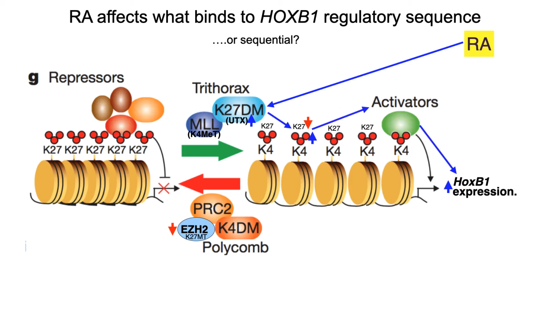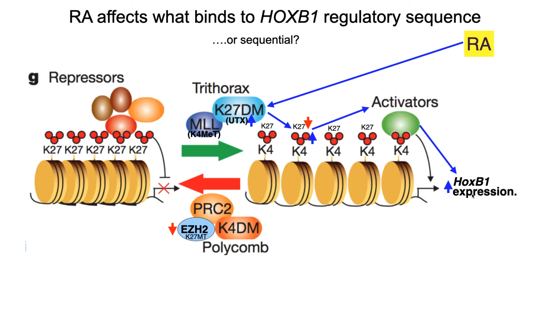Or, and this is what the authors are suggesting here, that it is sequential, that retinoic acid causes UTX to bind to the retinoic acid receptor, which then causes the demethylation of K27, which then causes activators to bind to the promoter of HOXB1, which then causes HOXB1 expression. This is what the authors suggest is happening.